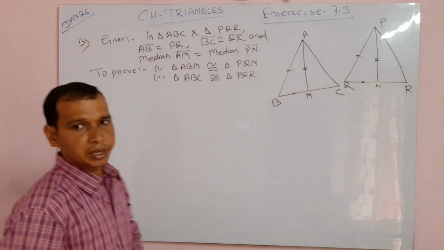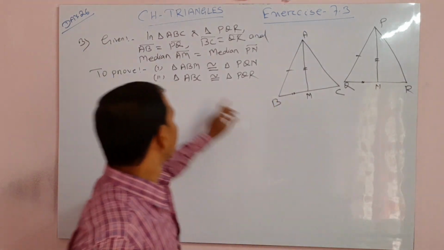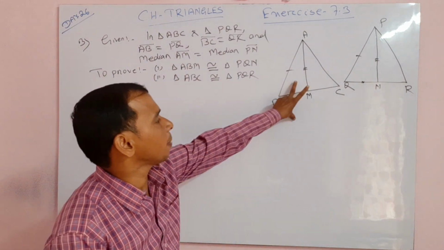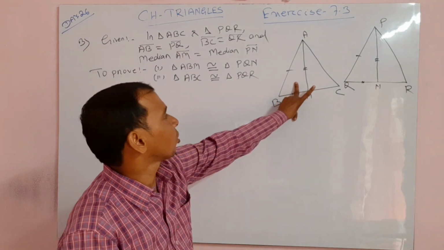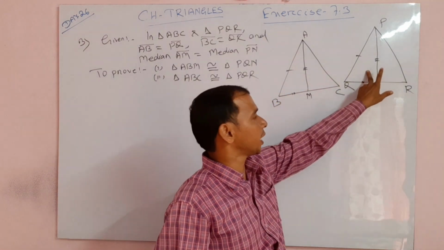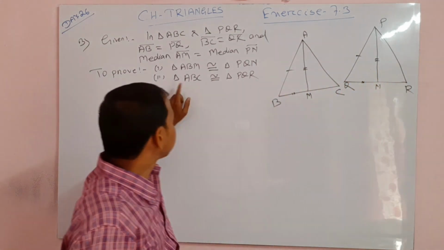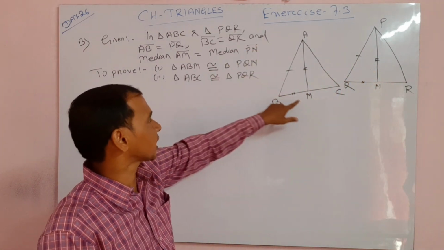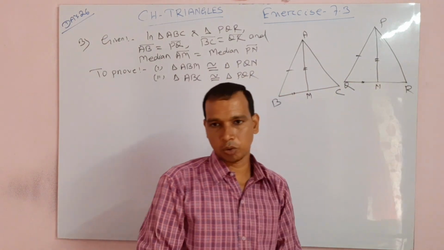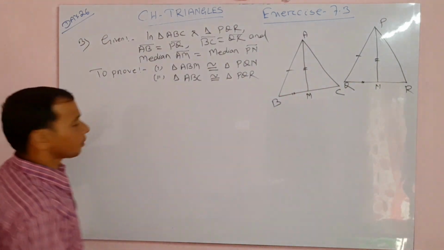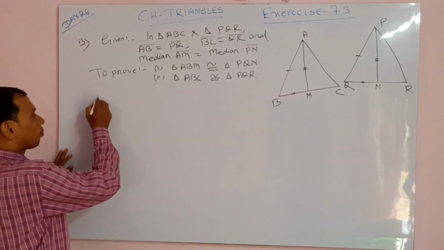Okay, look, in this case first, ABM, this triangle congruent with PQN, this triangle. That one, leave it here, equal to the first part. Second here, ABC, the bigger triangle, equal to PQR. Cut from this. That's it, given and to prove complete. Then come to proof.